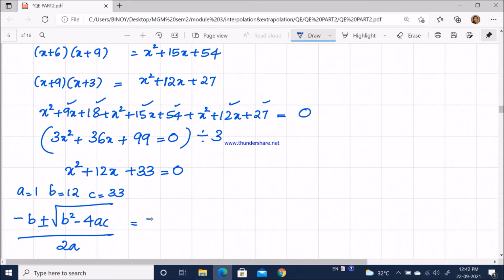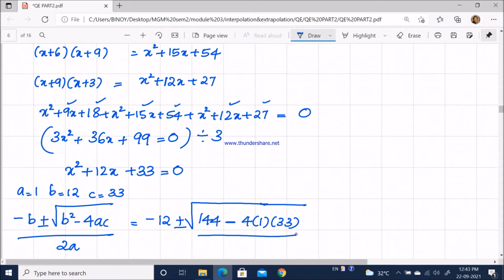That is minus 12 plus or minus root of 12 square, which is 144, minus 4 into 1 into 33, divided by 2.